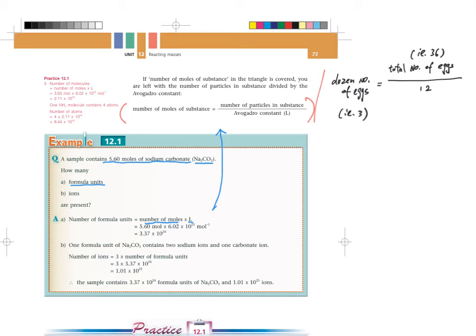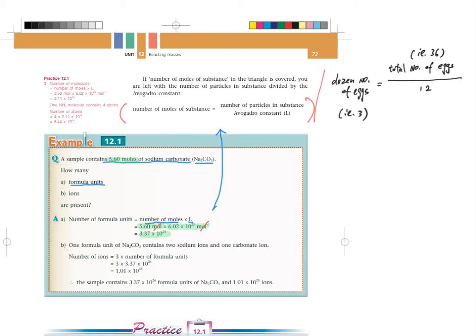That is 5.6 mole, right? So 5.6 moles, and then times the Avogadro constant. Then you can find the final answer. You can see the Avogadro constant has the unit mole to the power -1, which can cancel with the mole. So the final answer is 3.37 times 10 to the power 24.